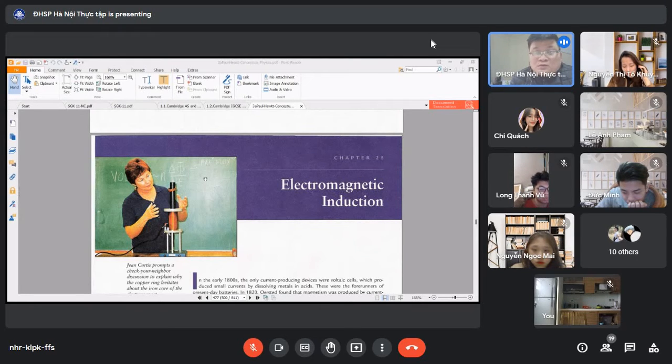Then the students will explore when this type of current happens, and how it looks like, and what its characteristics are, like the magnitude or the direction.